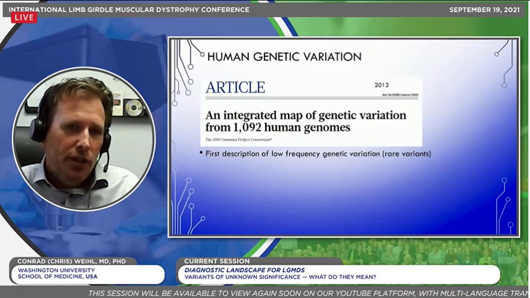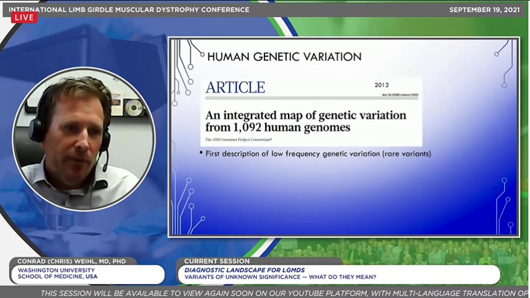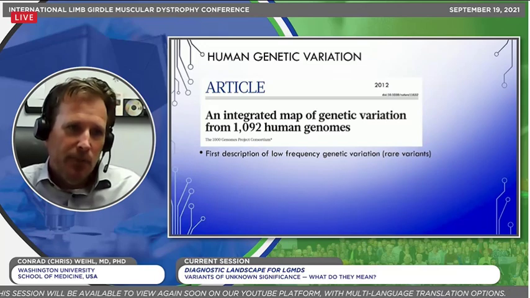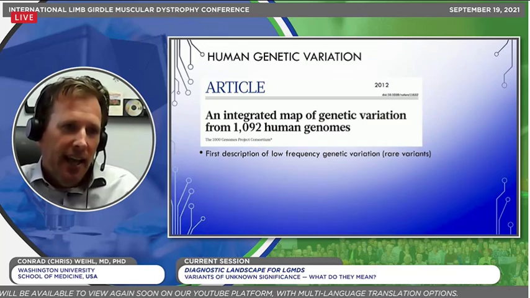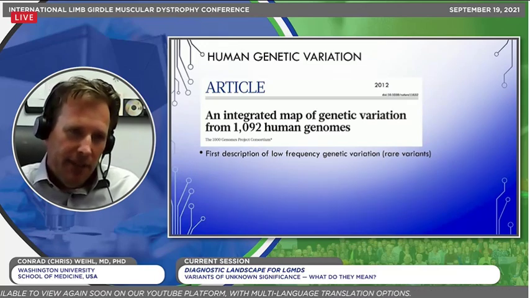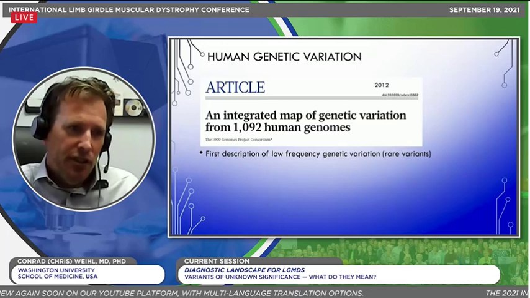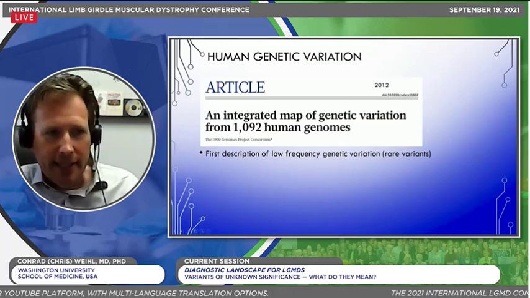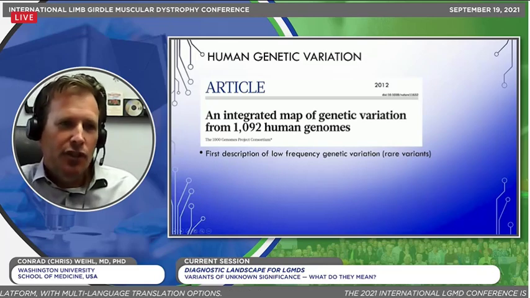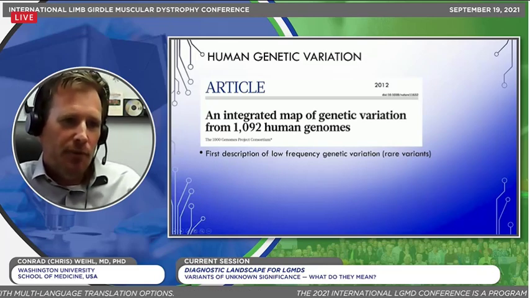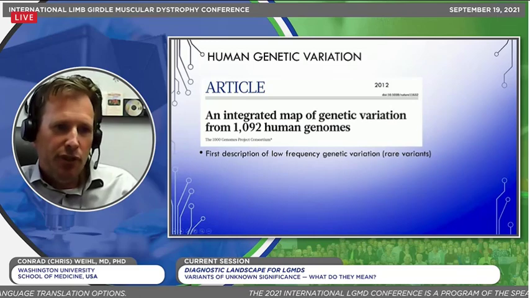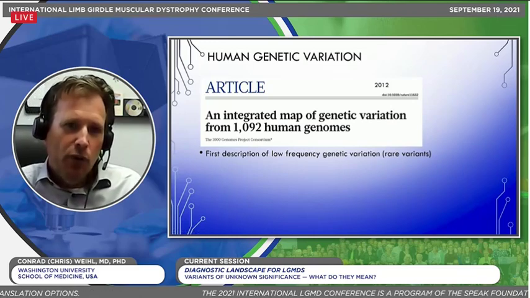So it wasn't really until 2012 that we really appreciated the amount of human genetic variation. And it was this paper here, which was from the 1,000 Genomes Project. And I always think it's funny because it's the 1,000 Genomes Project, but they did 1,092 human genomes. It was really the first description of what we call rare variants.